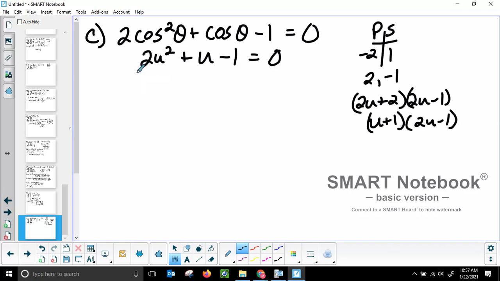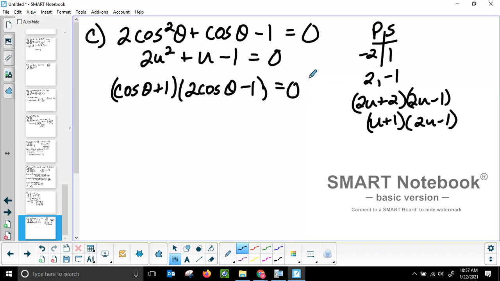Of course, we're not talking about u's, we're talking about cosines. So this will be cosine theta plus 1 times 2 cosine theta minus 1. Set these each equal to 0 and solve. Here we get cosine of theta is equal to -1.